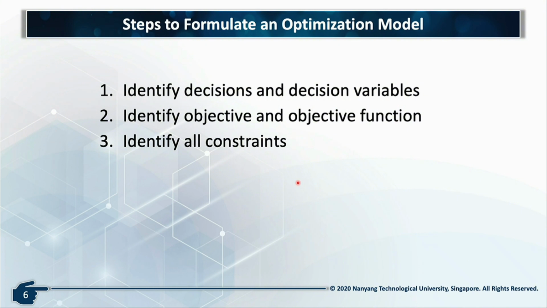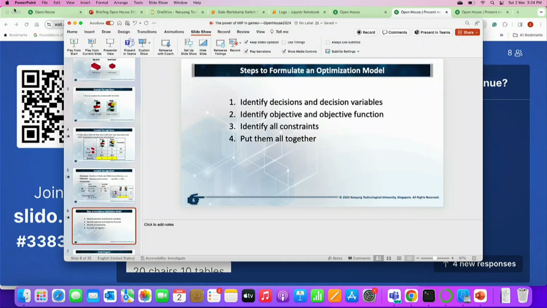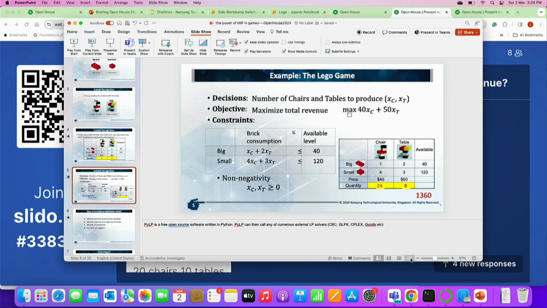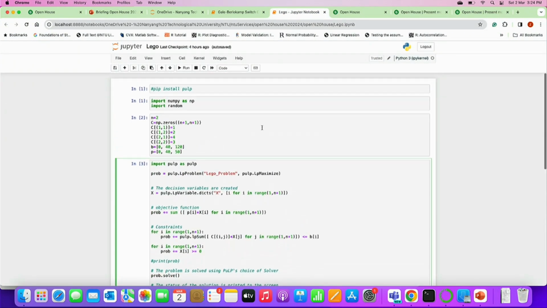Okay? Then we can easily use many of the solvers to solve this optimization model. In this example, we already have some of the proposal, right? Now let me demonstrate how we can build on some open source solver to easily solve this optimization model.